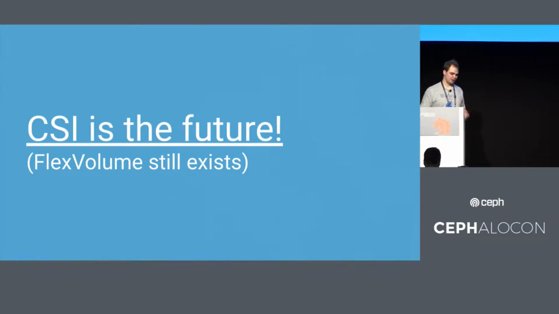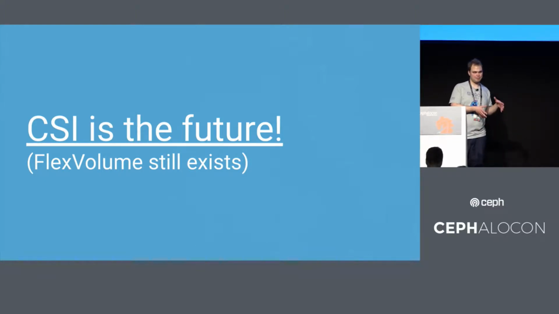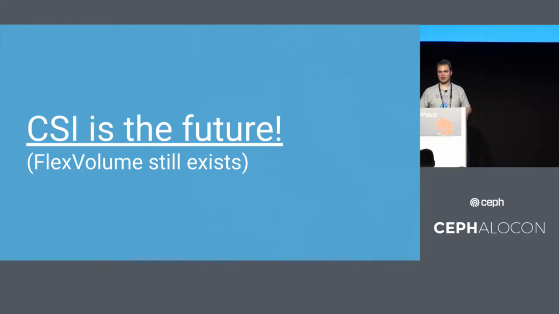And as the work for the CSI driver that does the mounting and everything is moved to the storage projects themselves, it's a bit less work on our side. And as I said, the CSI driver is not only for Rook, it's for everyone that would also normally just want to mount some storage from Ceph. So double the advantage there.